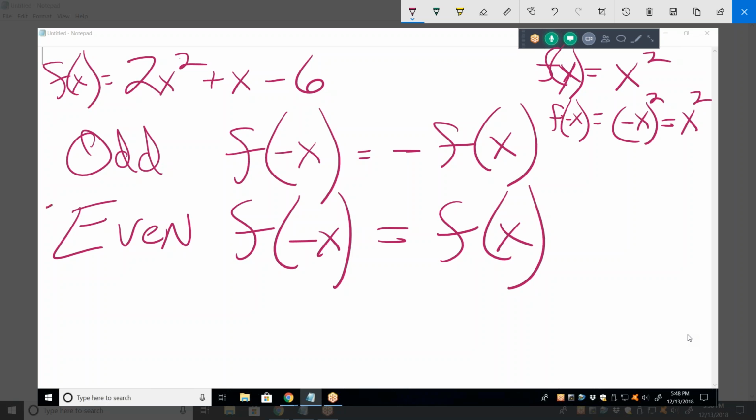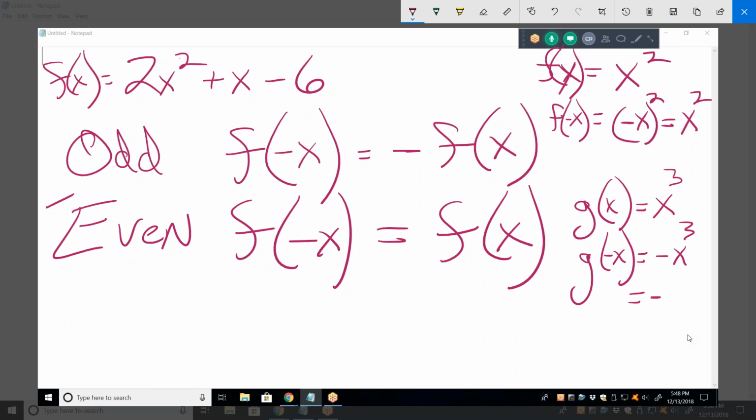So it satisfies that even function. If I start with a function that I know to be odd, because of the odd exponent, then g of minus x equals minus x cubed, which equals minus g of x.